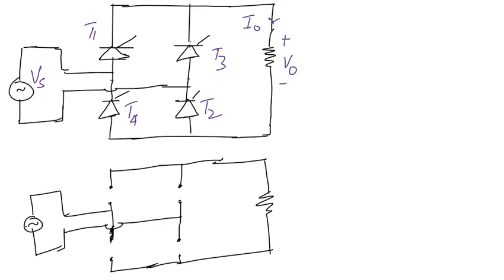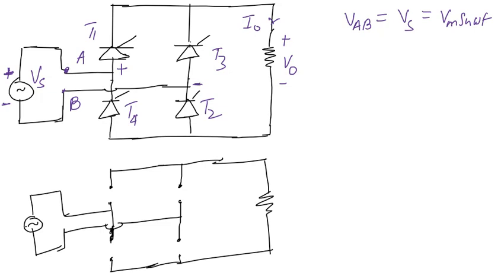Initially, suppose this point is A and this point is B. Initially the polarity is positive here and negative there, when VAB is equal to Vs, that is Vm sin omega t. The positive polarity comes here and the negative polarity is here.